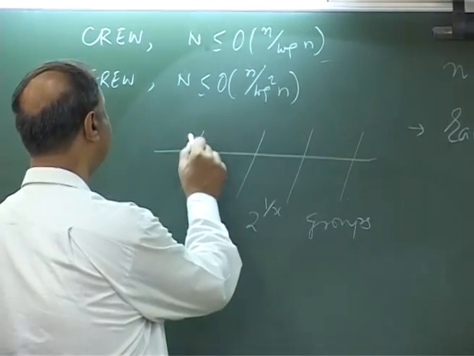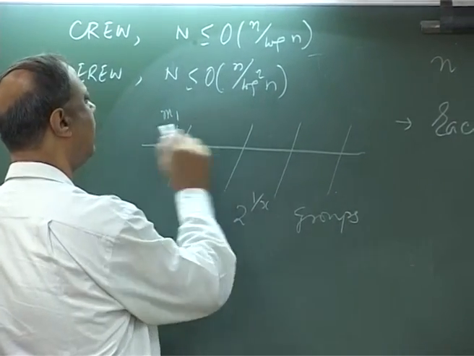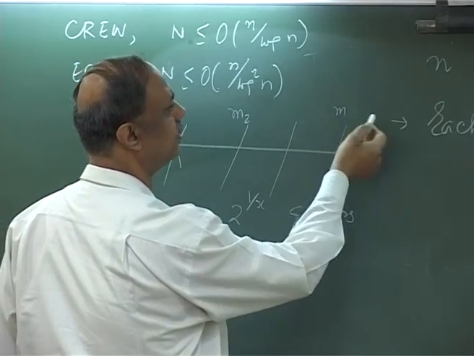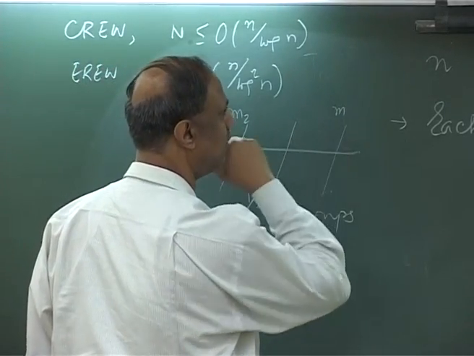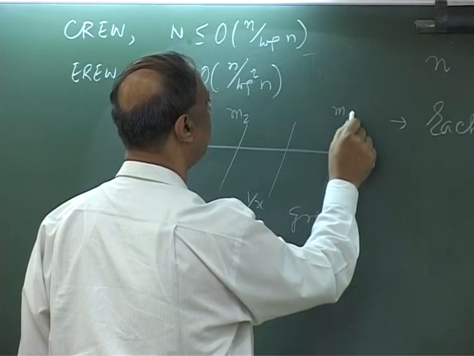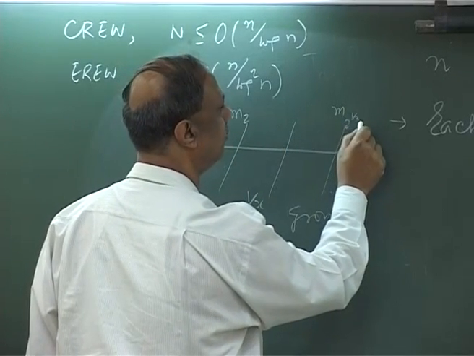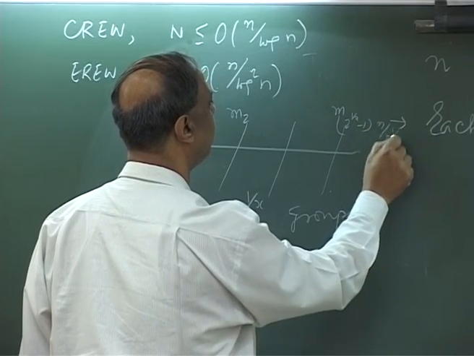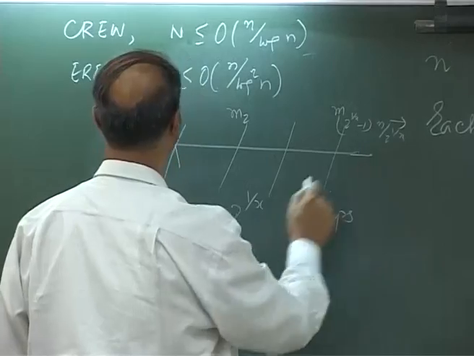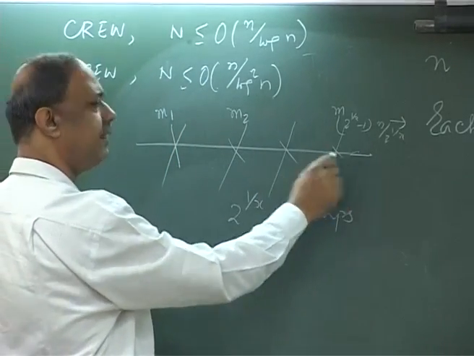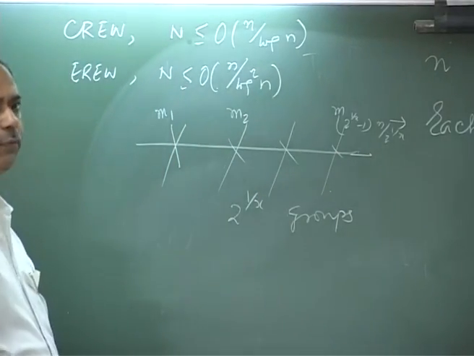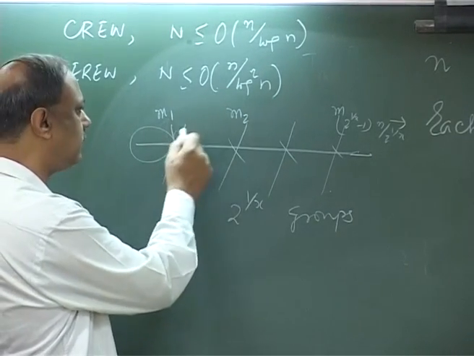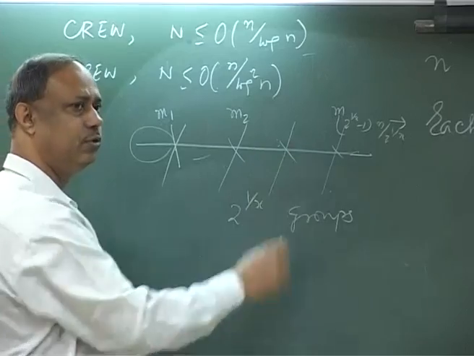This is your M1, this is your M2, and this may be your M 2 to the power 1 by x minus 1, and n by 2 to the power 1 by x of the element. So that many groups you are making, in such a way that all these elements will be smaller than these elements, all these elements will be smaller than these elements, and so on.